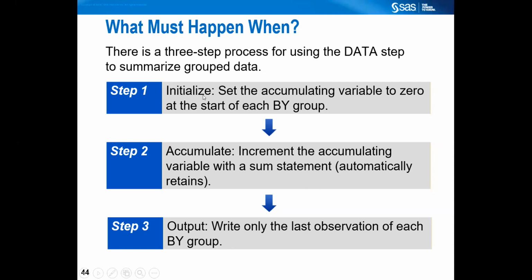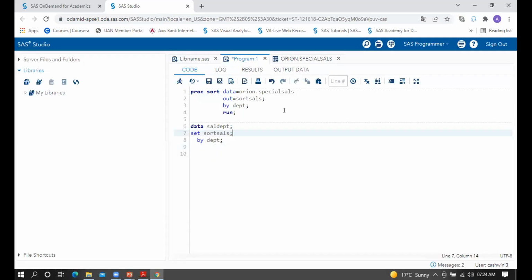What should you initialize? It's telling you to set the accumulating variable to 0 at the start of each by group. Because we have to calculate the department sal, which is going to be the total sal within the departments, the first thing you have to tell SAS is to start processing your data within the groups of your department values.